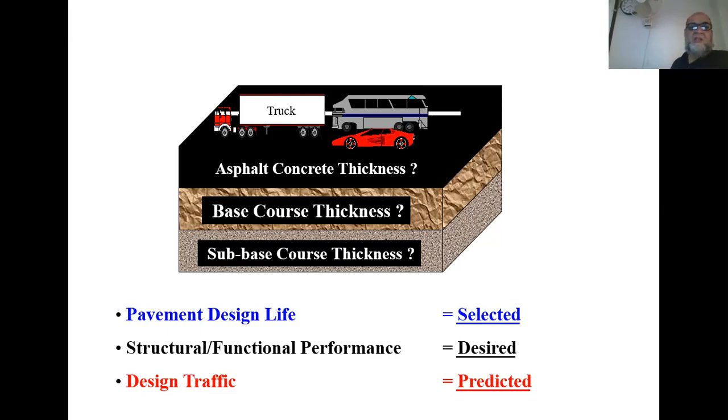The performance is what we desire, and the design life traffic is what we predict will occur, say around 20 years, after 20 years as well. So not only the present, actually the present traffic is being forecasted to the year of your pavement design, the design life.